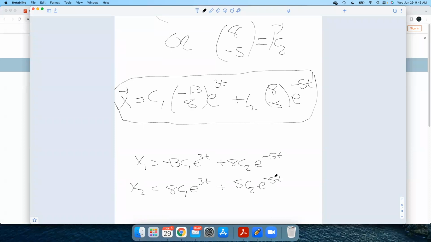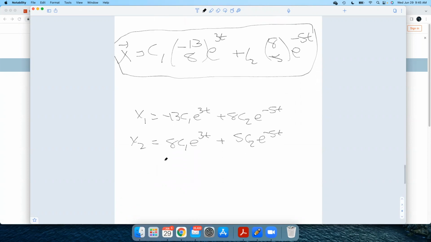And you may be thinking, well, 5C2, isn't that just some new constant? No, you can't do that with these coefficients here in front. Remember, it's a system we're trying to solve. So you can't go, well, 8 C2, that's a new C2. You can't absorb these numbers in front of the constants into the constant.